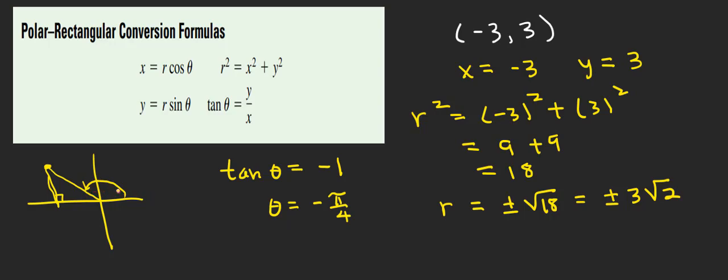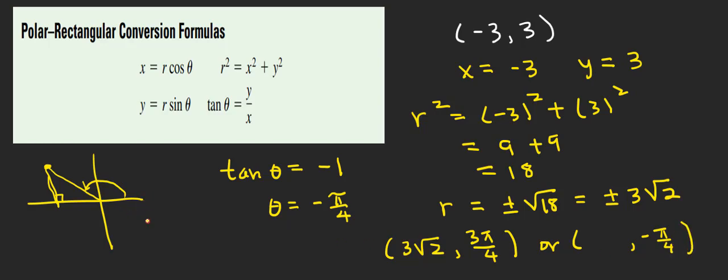So in order to plot this in polar, you have to say that the radius is 3 radical 2 comma 3 pi over 4. Or you could also say that you could go negative pi over 4. If you go negative pi over 4, now you have to go the other way, so you have to be negative 3 radical 2.